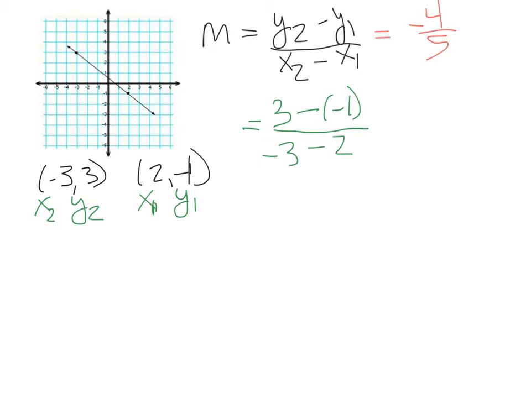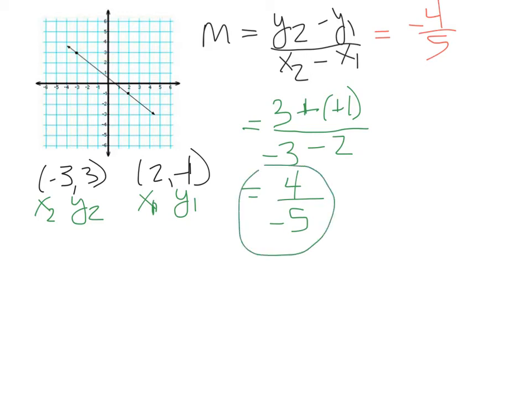So just like before, that's the same thing as saying plus a positive. So what we'll have, 3 minus a negative 1, or 3 plus 1, is positive 4. And on the bottom, negative 3 minus 2 gives us negative 5. Again, that's a negative slope.